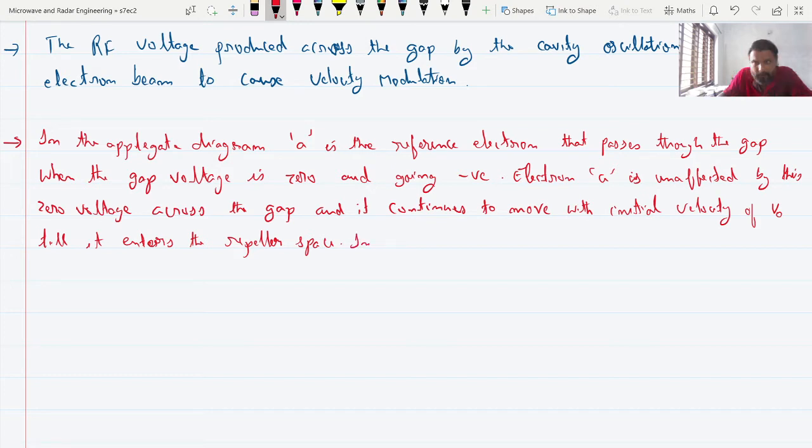In the repeller space, a force of repulsion acts on the electron.